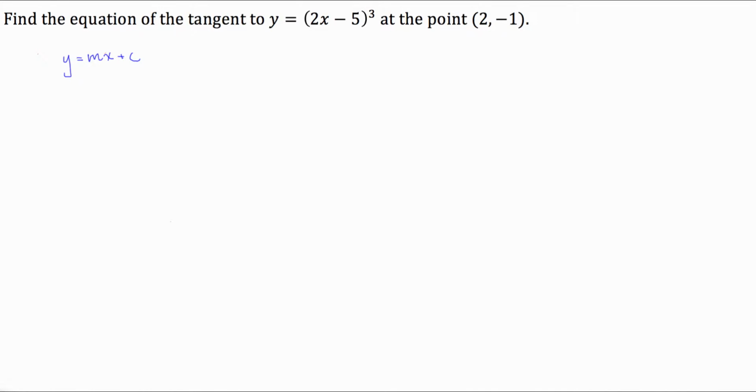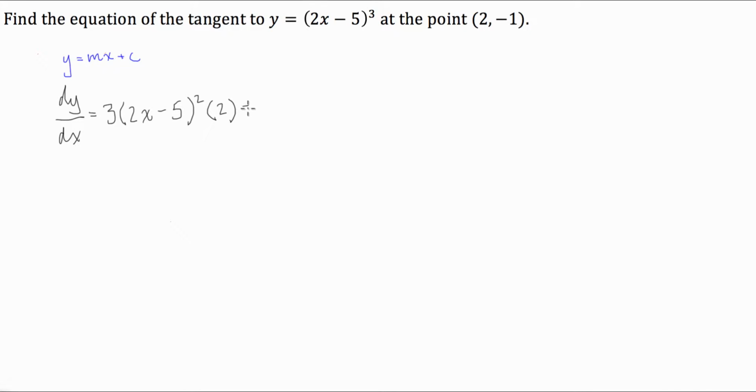What we need to start with is we're going to differentiate this. So dy/dx is going to be equal to 3 times (2x minus 5) all squared, and then we times by the derivative of the inside function.